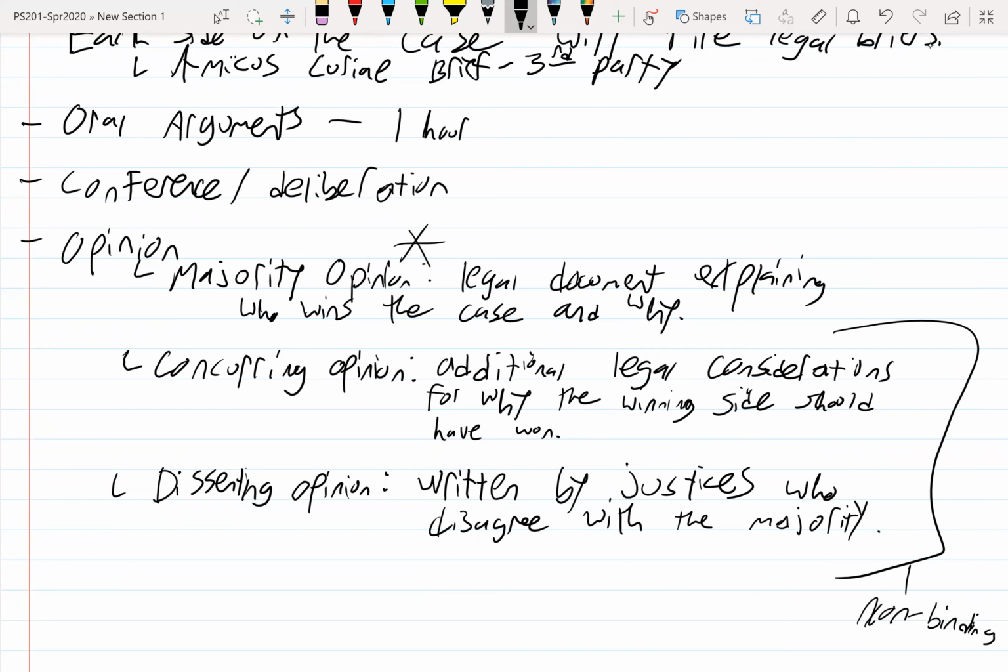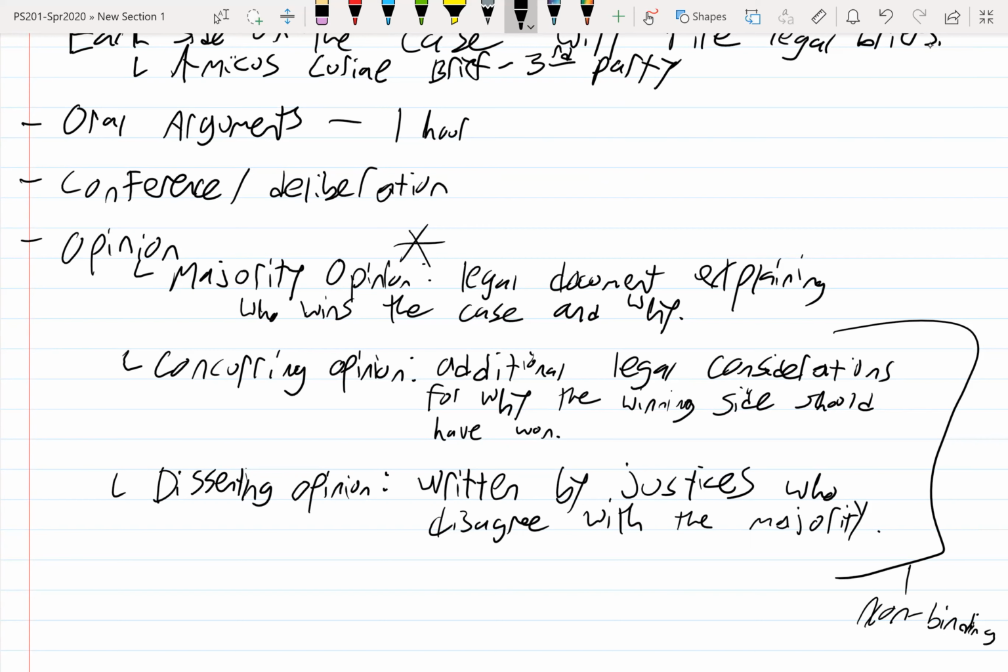Okay, and it's sometimes concurrences, sometimes dissents later on down the line. Someone will discover them and uncover some interesting argumentation there or justification for some other case that comes across the docket of a lower court or the Supreme Court at some point in time in the future. Relatively rare, but they're written in certain cases.